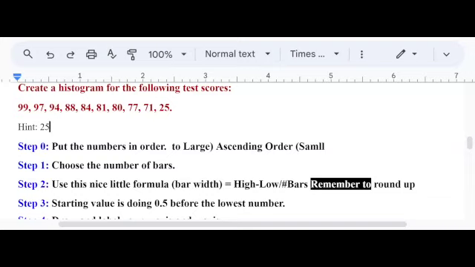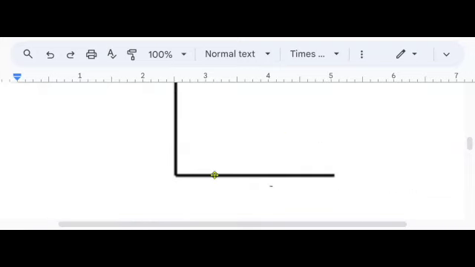At the bottom here, write down 24.5. And then from 24.5 to where are you going to go? The width of the bar is going to be 19, so add 19 to 24.5.